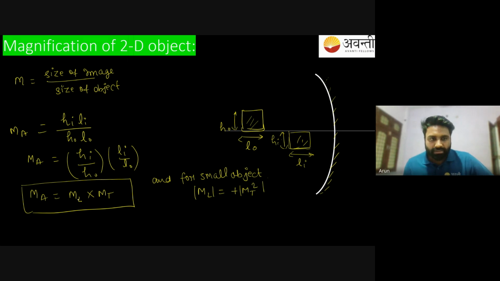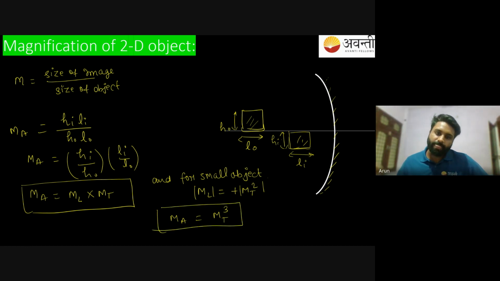So we put this value in this. So this MA here is the ML. If we put the value of ML over here, it will be MT cube, the cube of the transverse magnification. Okay, so these are the important formulas that you have. Now move on to the next case.